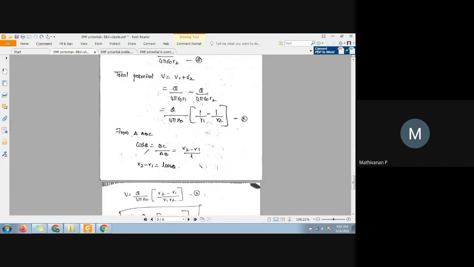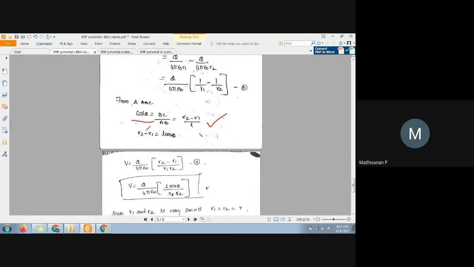Cos theta is BC by AB, so it is R2 minus R1 divided by L. Bringing L to the other side, R2 minus R1 is equal to L cos theta. So R2 minus R1 can be replaced with L cos theta. This is the potential equation between two dipoles.